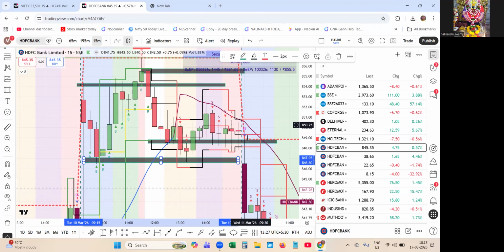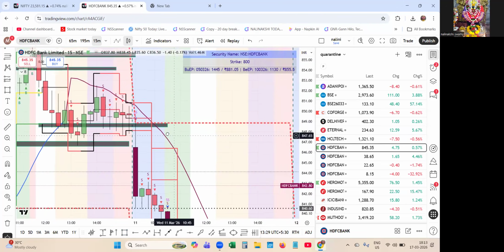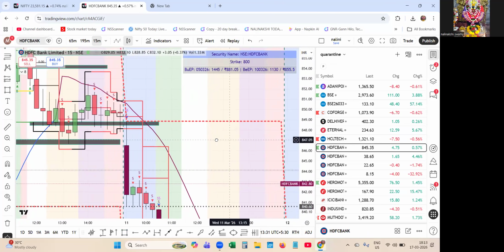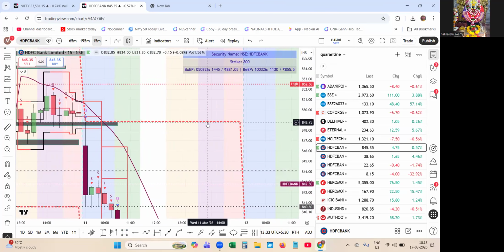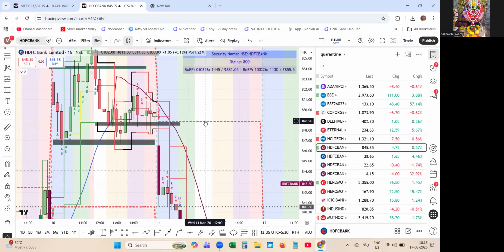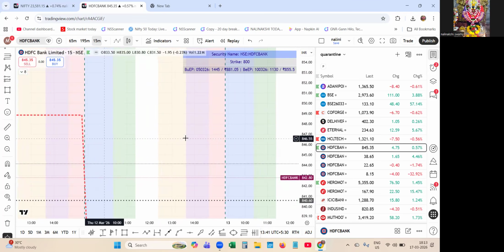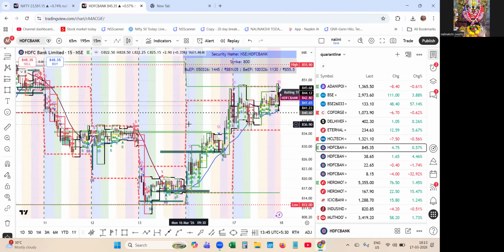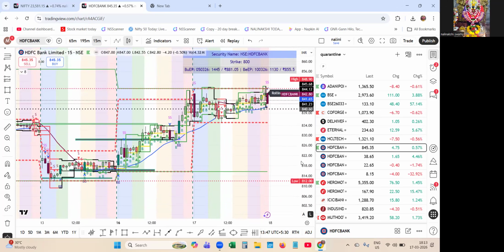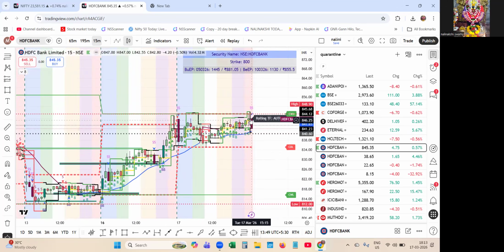So the market had a gap down from this level. These were the reference points. So I anticipated that the market would come to this level, 846 to 848. That's what it has done today. You can anticipate the targets too. See exactly, if I place the cursor on this, you can see the market has gone up to 847.